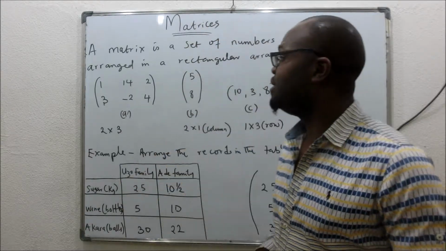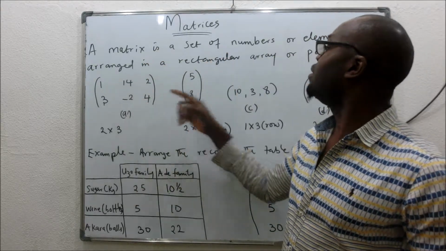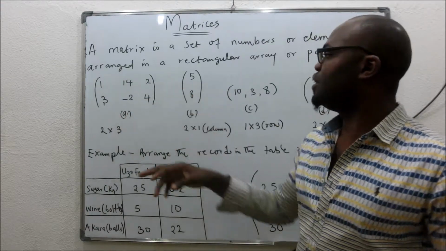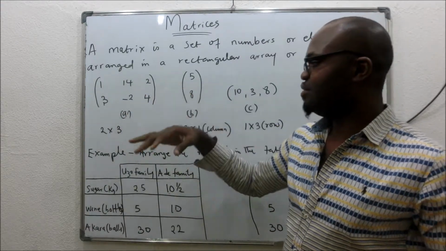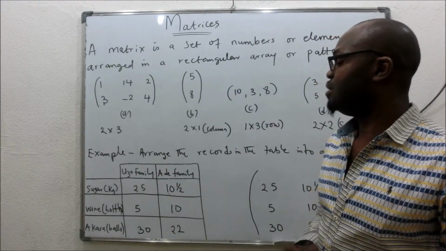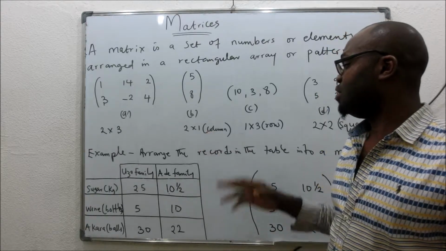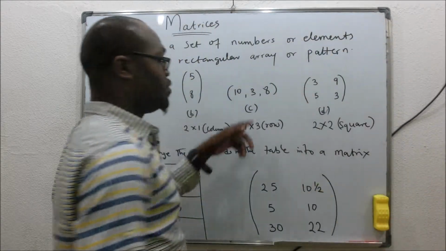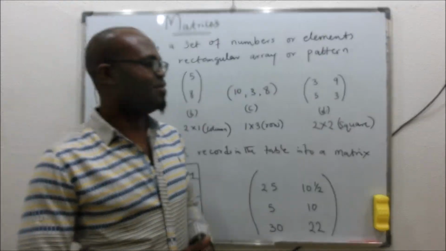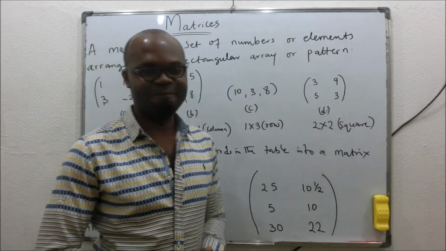So very basically, understand that a matrix is a set of numbers or elements arranged in a rectangular array or pattern. And this rectangular array could be a normal rectangle, a single column rectangle, also known as column matrix, a single row rectangle known as row matrix, or a square sort of rectangle where the number of rows is equal to the number of columns.